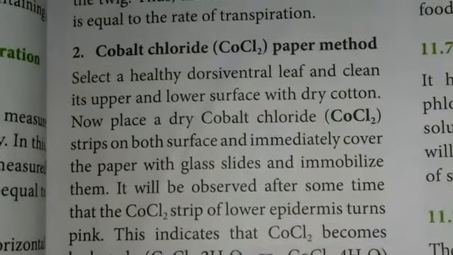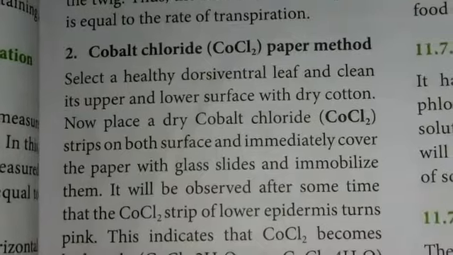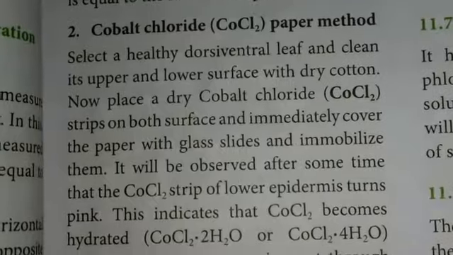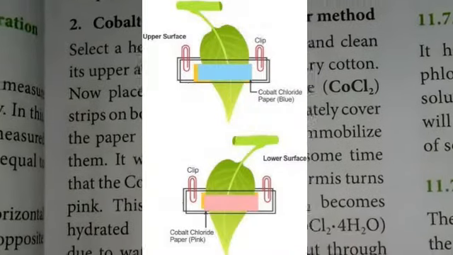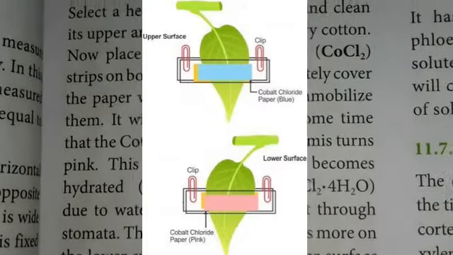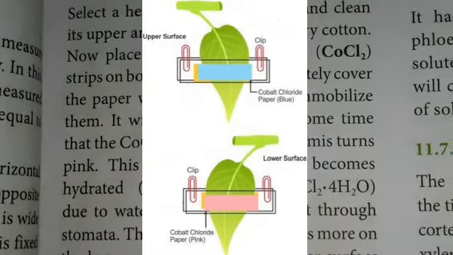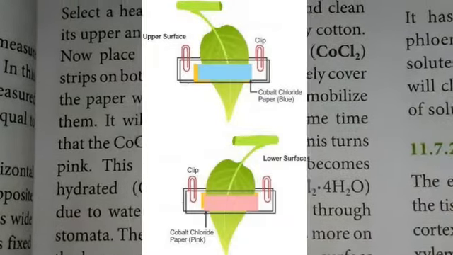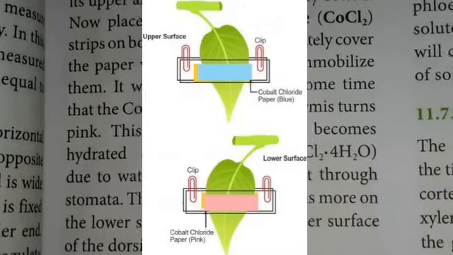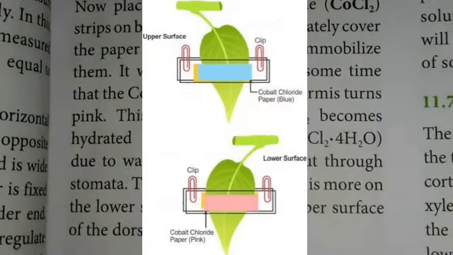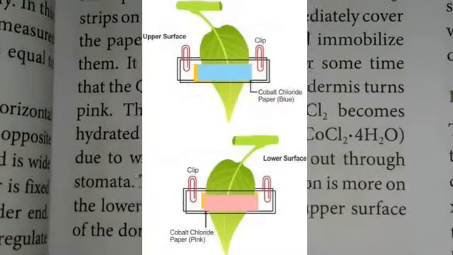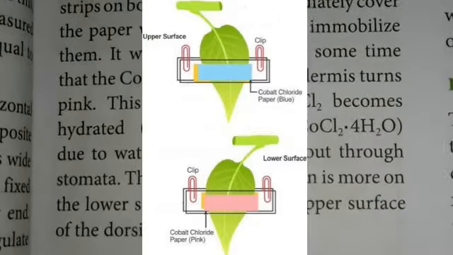Now we place a dry cobalt chloride strip on the leaf on both surfaces, upper and lower, and immediately cover the strips with a glass slide and hold them without any movement. It will be observed after some time that the cobalt chloride strip on the lower epidermis turns pink in color.